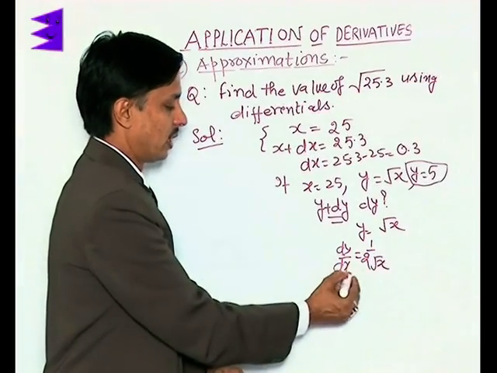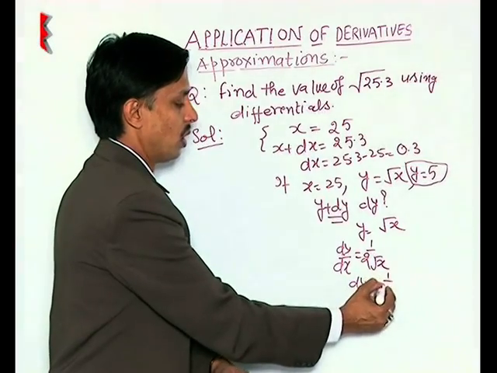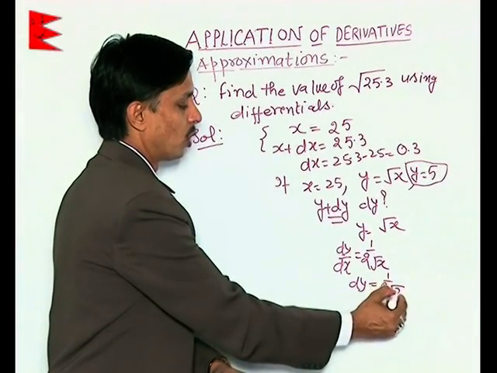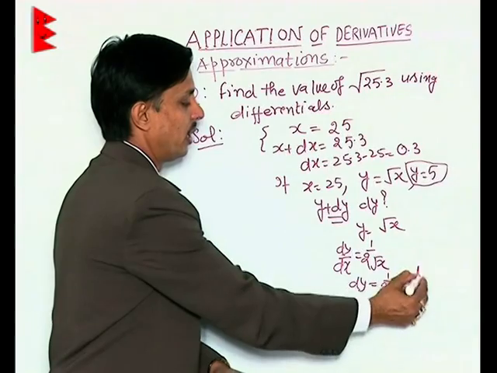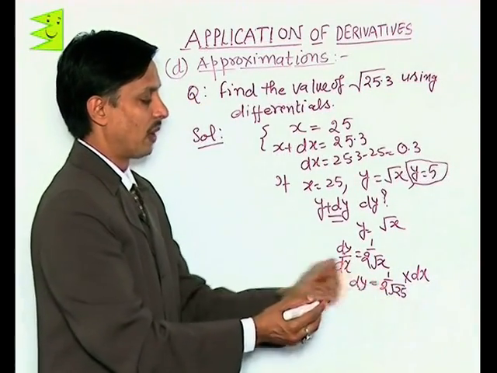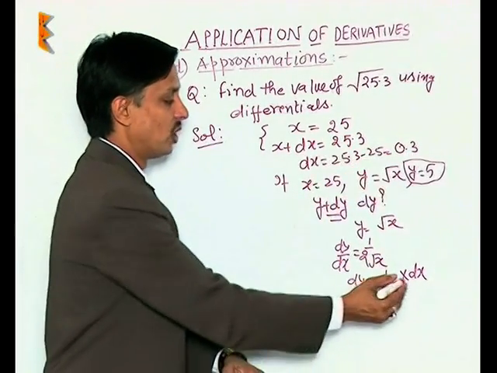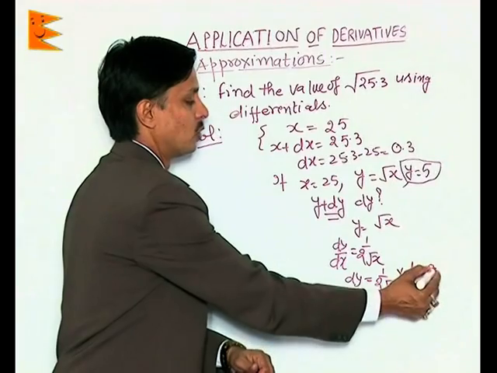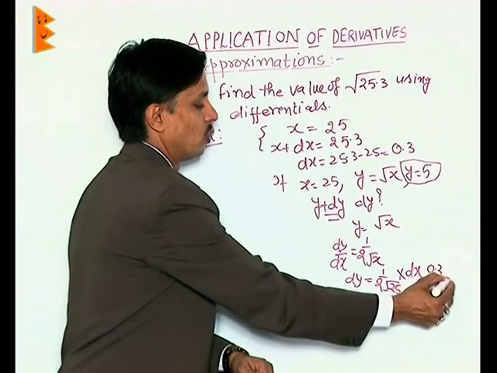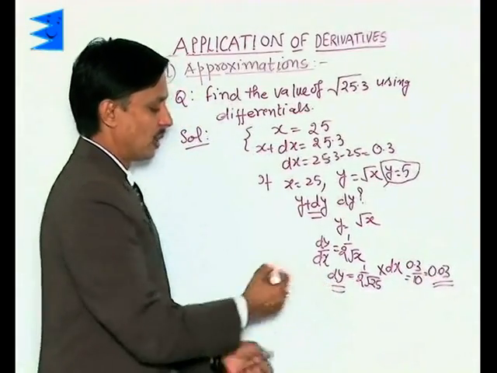So, we can say the value of dy is equal to 1 upon 2 root of 25 into dx. The value of root 25 is 5, 5 into 2 is 10, the value of dx is 0.3. So, it becomes 0.3 upon 10, which is 0.03. This is the answer of dy.